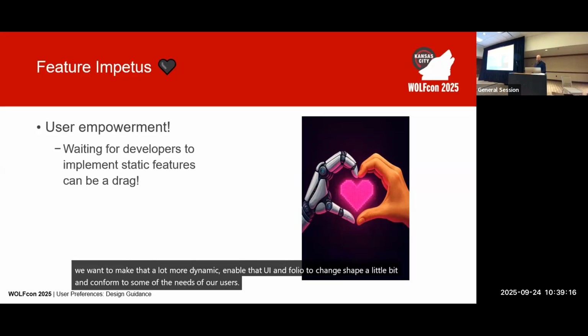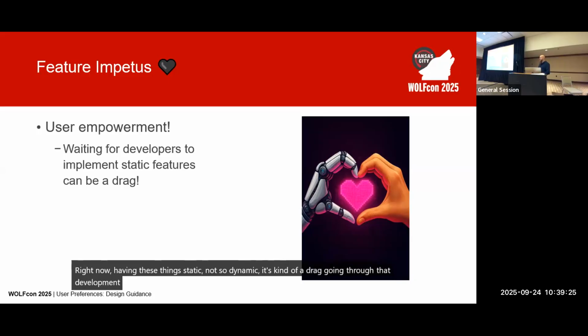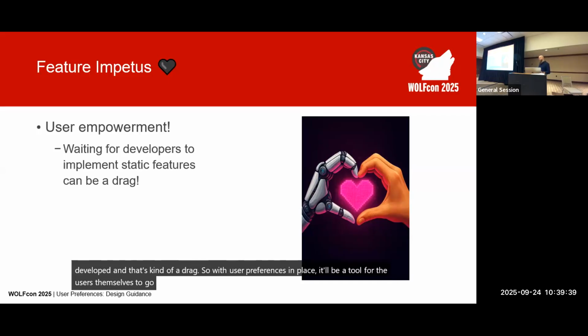Having these things static is a drag: going through the development process, submitting tickets, waiting for it to eventually get developed. With user preferences in place, it'll be a tool for users themselves to go in, make changes, and come out with a UI more suited to their particular workflow or purpose.